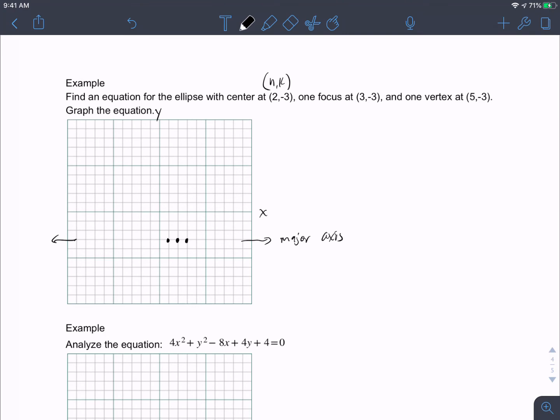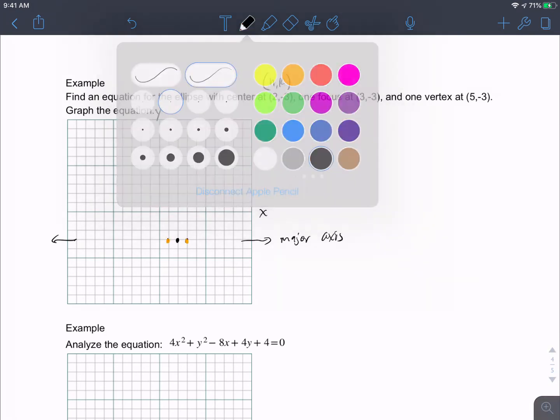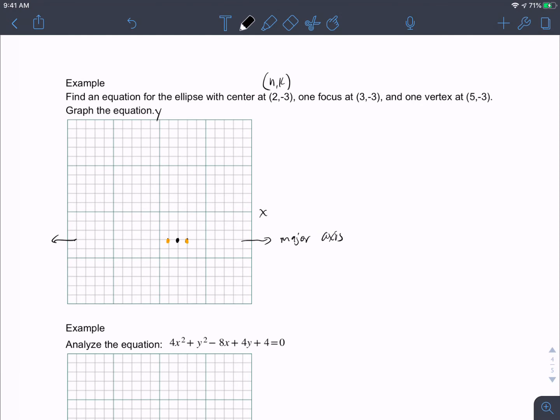The vertex is going to occur at 5. Ooh, I should have made the focal points a little bit consistent with the orange. And then the vertex is at 5, -3.